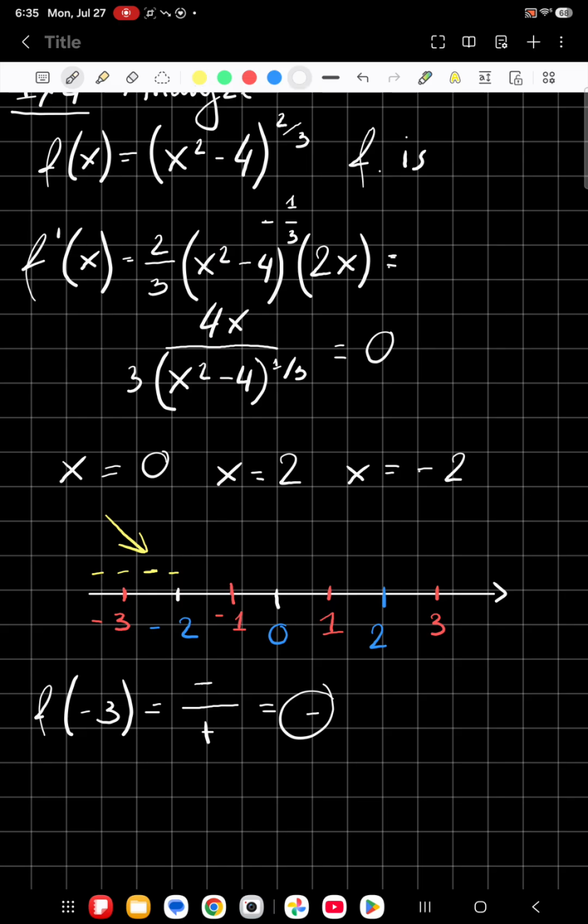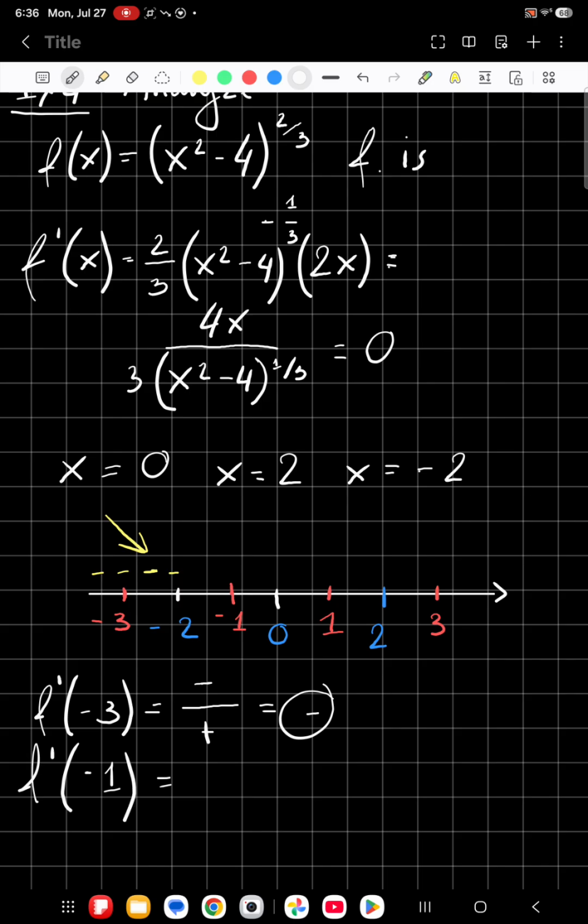Next thing I have is negative 1. I'm taking this and plugging into the derivative. It's the derivative, so it's not f, it's f prime. So f prime of negative 1. Again, it's the same thought process.